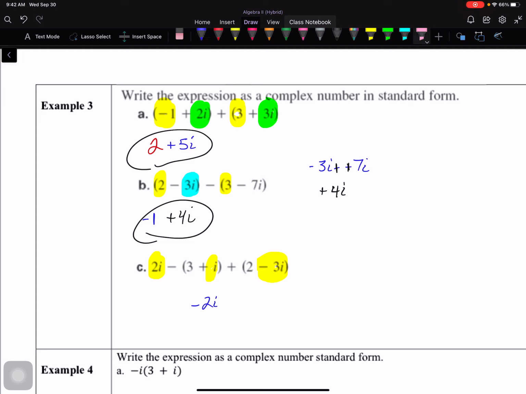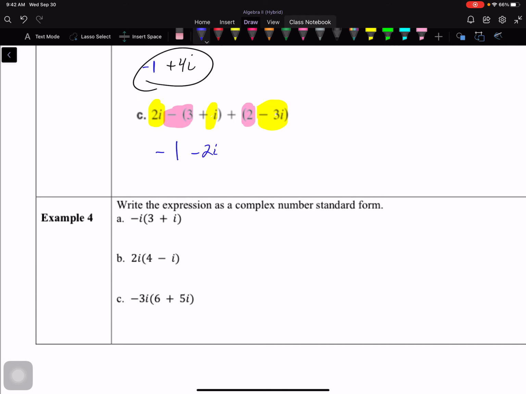And then if you just take care of the real parts, so we have a -3 here, plus 2, we're going to end up with -1. So you can only add or subtract the real and imaginary parts. Just treat it separately.